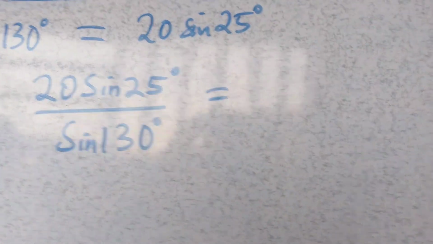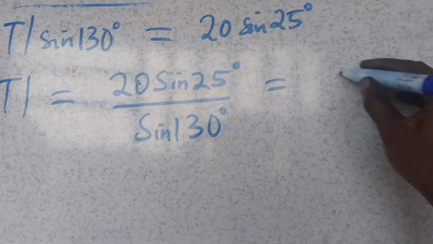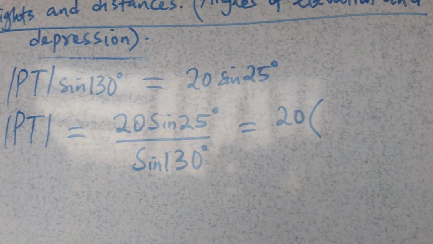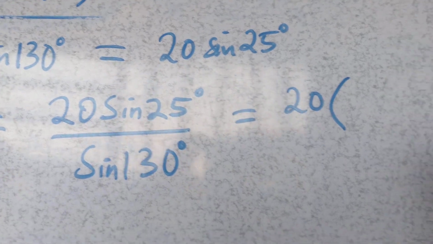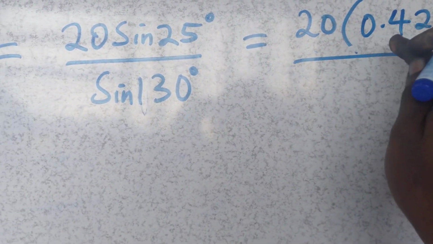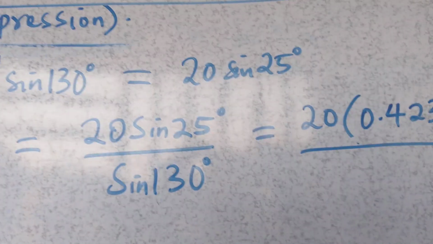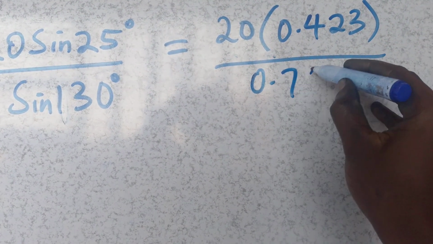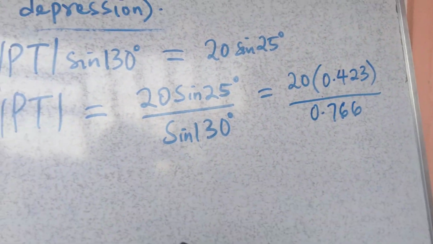So this will be equal to 20 times sine 25, which is 0.423, divided by sine 130, which gives me 0.766. So I can then multiply it.